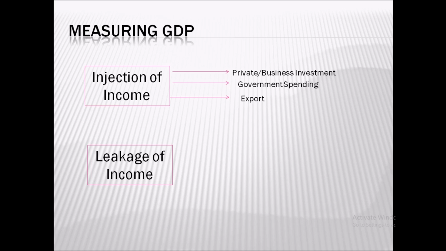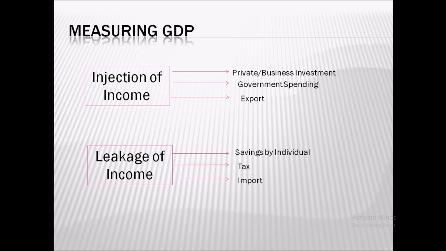The major reasons for leakages of income from the system are savings by individuals, tax by the government, and imports. When you import, the country's resources are used on a product or an item which is a result of a production activity that happened outside the economic system. So income gets leaked out of the system.